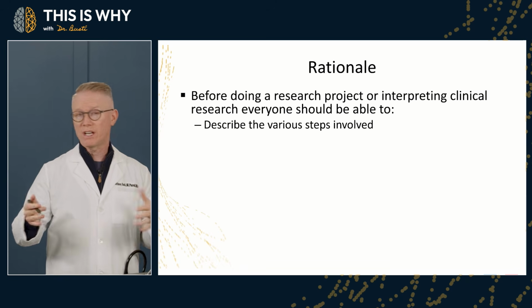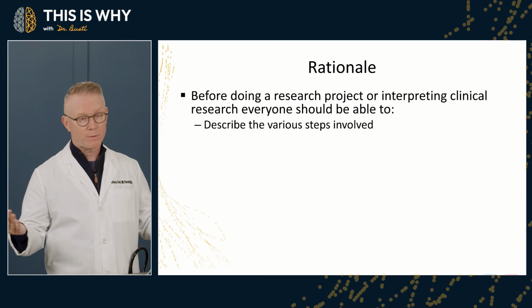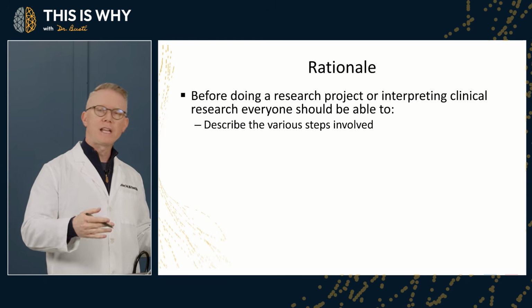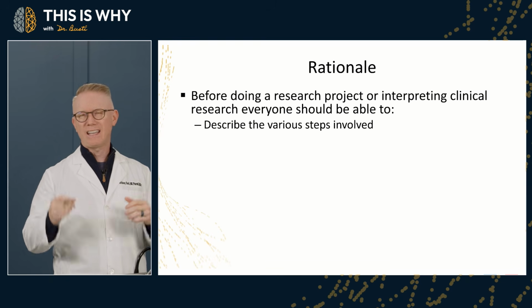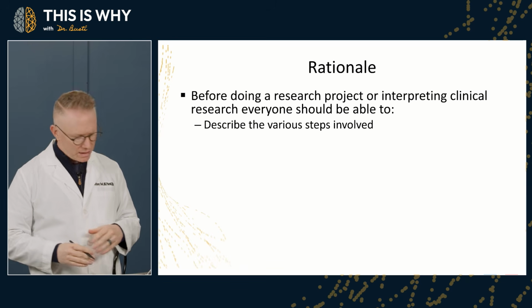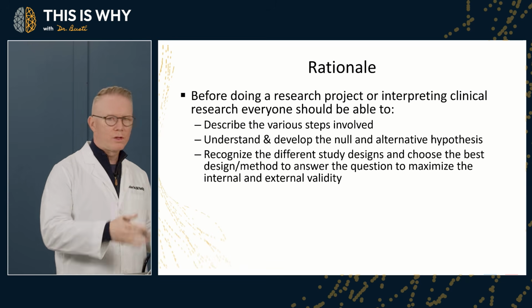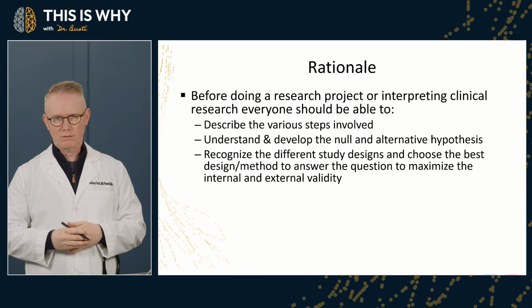Recognize the different study designs that are available and could be used. Some are feasible, some are not. And then understand how those designs influence the internal and external validity. So we've got to be able to do those three things.